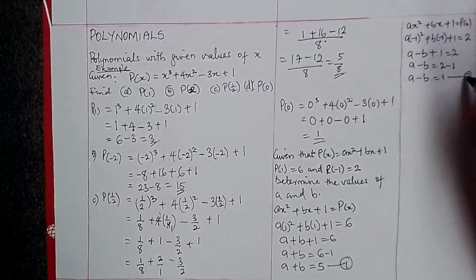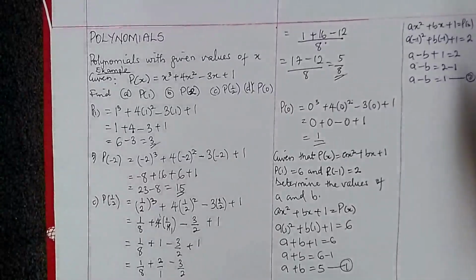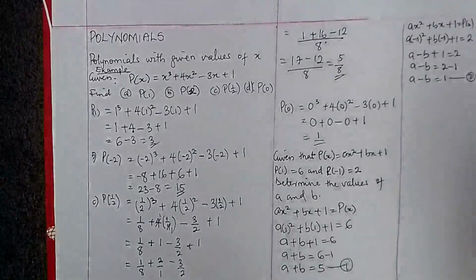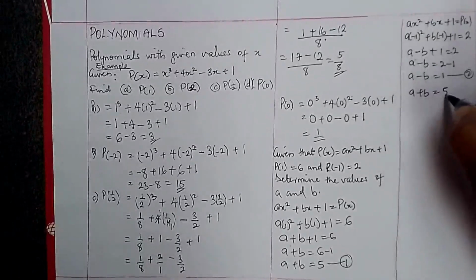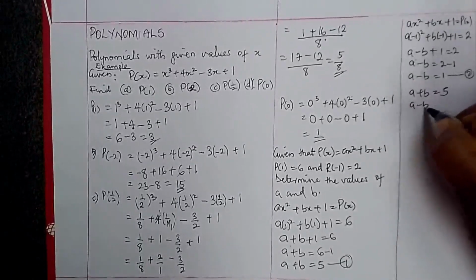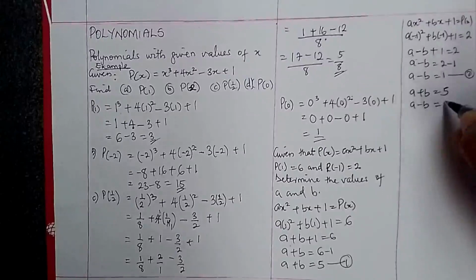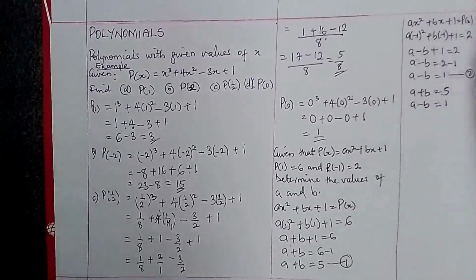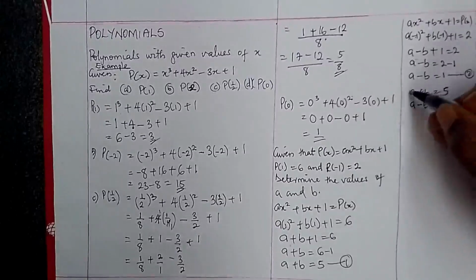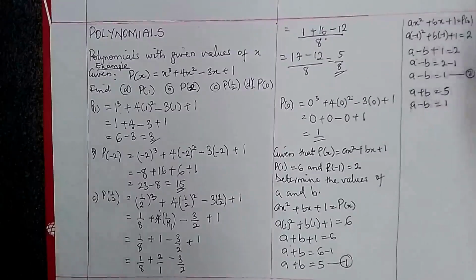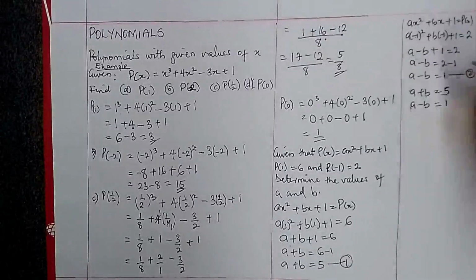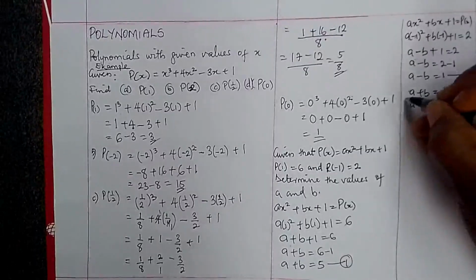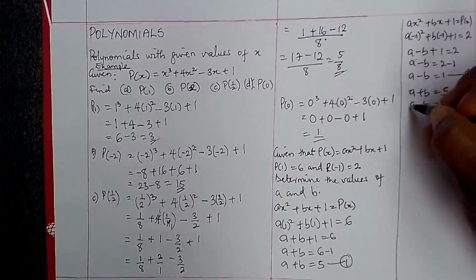This is equation 2. Now we use the elimination method to solve. We have a plus b is equal to 5. A minus b is equal to 1. If you look at it, you want to eliminate a and a, none of them has any coefficient greater than 1, so there's no need multiplying everything by the coefficient of a.